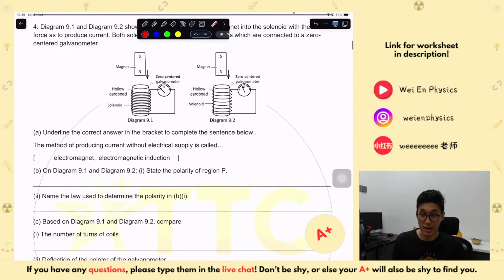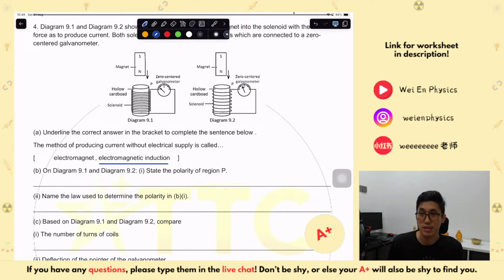Okay, underline the correct answer. The method of producing current without a battery, meaning when you make your own electricity, what is it called? It's called electromagnetic induction. Okay, when you make your own electricity, it's called electromagnetic induction.